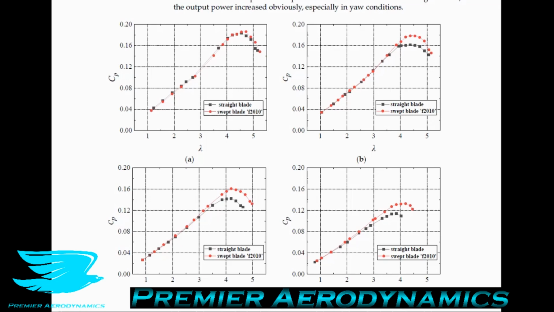At yaw angles of 10 degrees, 20, 30 degrees, the maximum power coefficients of the wind turbine with the swept blades F2010 were increased by 1.3%, 10.3%, 13.2%, and 16.7% respectively, in contrast to the straight blades. So in other words, as the flow gets more and more yawed, the swept blades perform better and better compared to the straight blades.